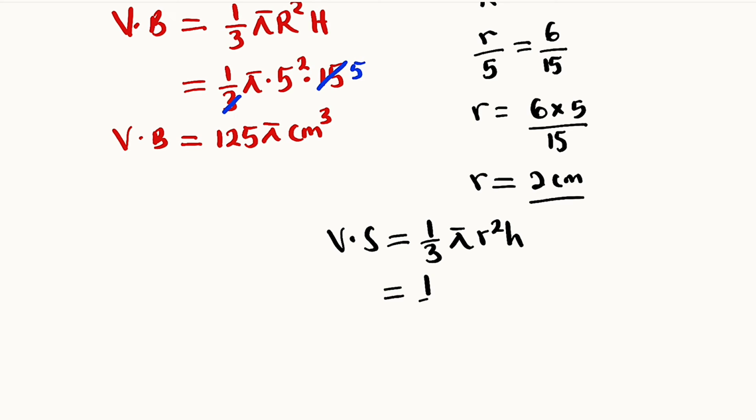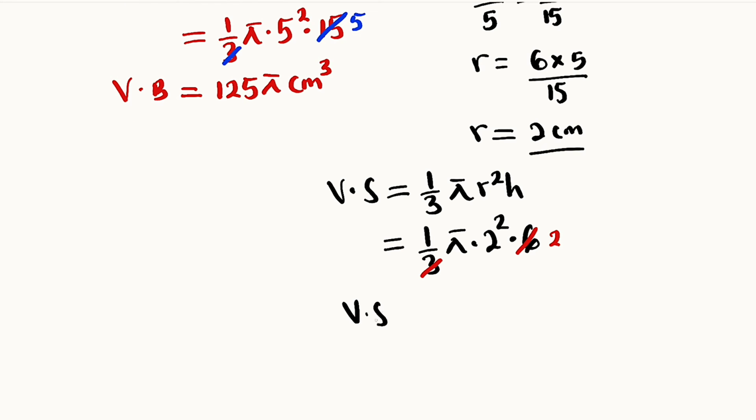This is equal to 1 over 3 pi, r is 2, so we have 2 squared, multiplied by h, which is 6. From here, you can see that 3 can go into 6 2 times. All we have left is 2 to the power of 2, which is 4. Then 4 times 2, which is 8, multiplied by pi is 8 pi. So therefore, the volume of the smaller cone is equal to 8 pi centimeter cubed.